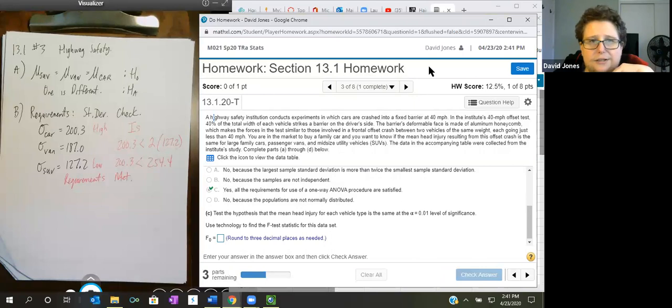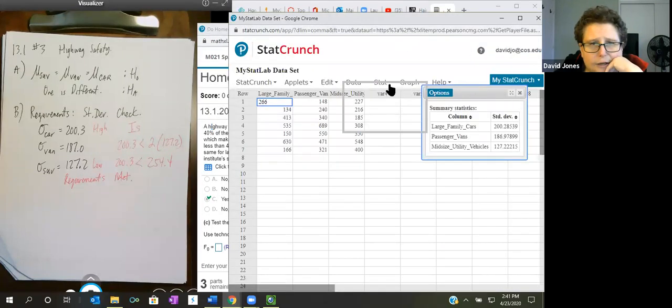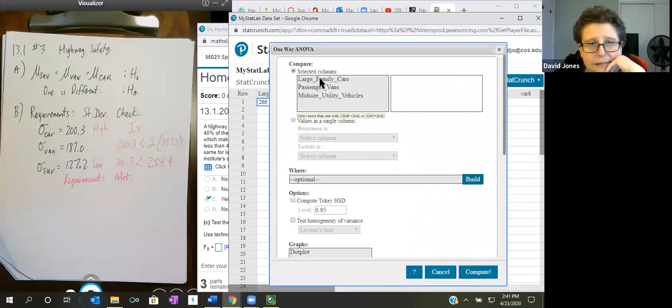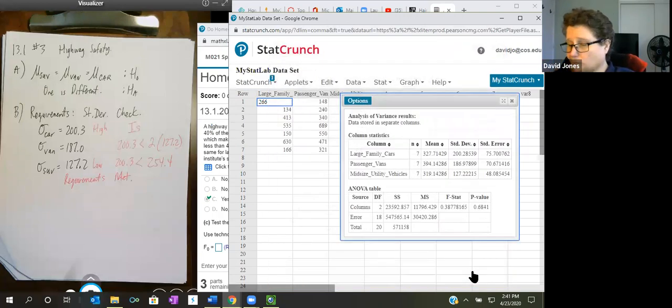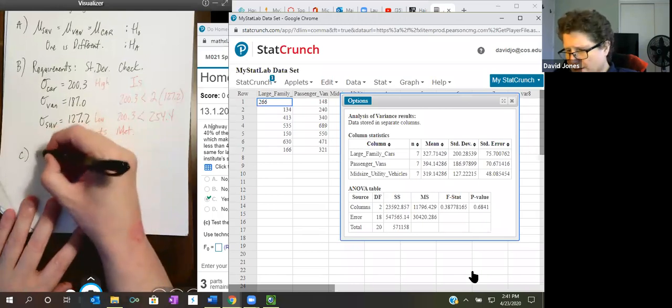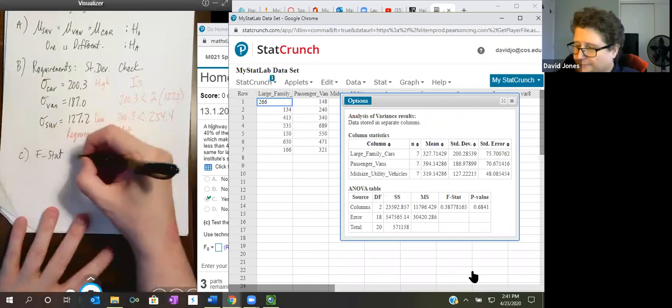Now it says, let's do the work. So we're going to go stats, ANOVA, one way. I'm going to write them down both now because I'm sure it's going to ask me for the p-value.